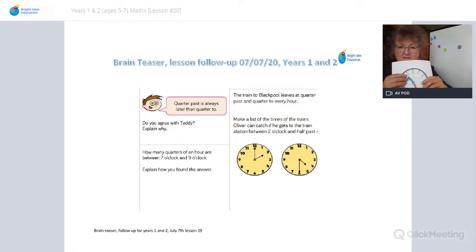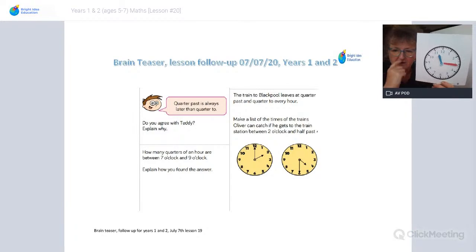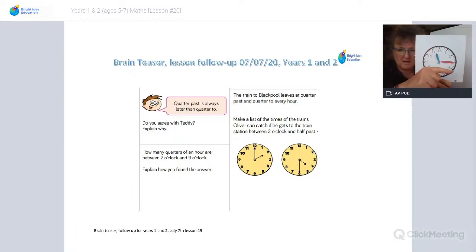If we looked at 11:15, let's put the clock on 11:15, the hour hand is just past 11 and the minute hand is on the 3, 15 minutes past, 3 lots of 5. Well, 11:45 is later than 11:15 because it's gone quarter past.